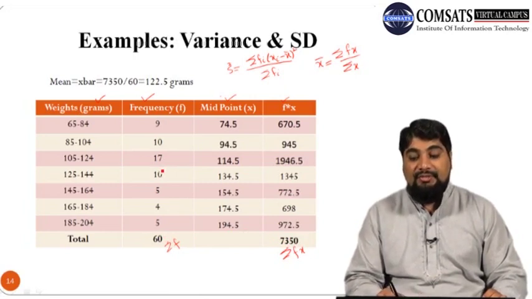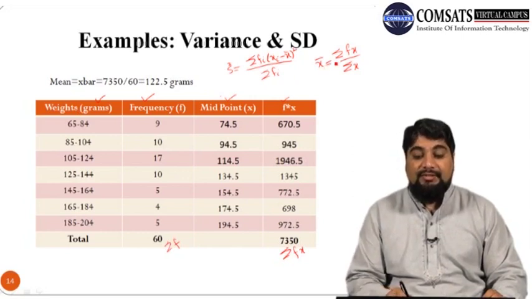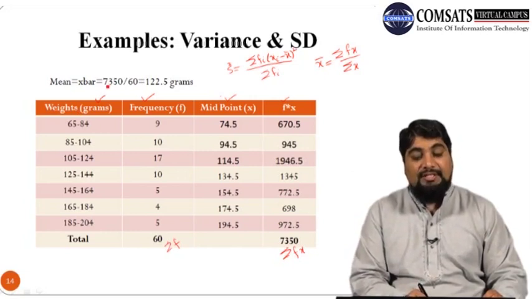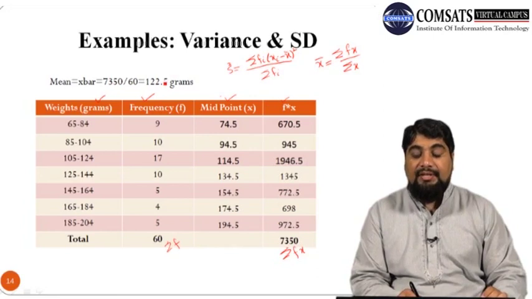So once we have summation fx and summation f, we can calculate the x bar by using this formula. So x bar is summation fx over summation f. So summation fx is 7350 divided by 60, we get 122.5, and the unit is grams. So average weight is 122.5 grams.